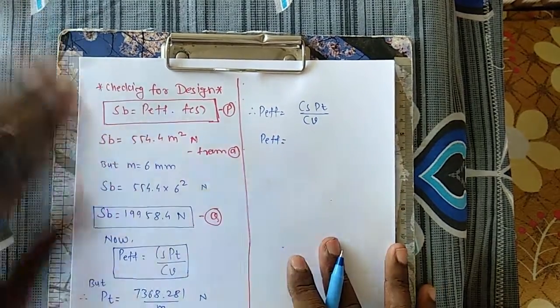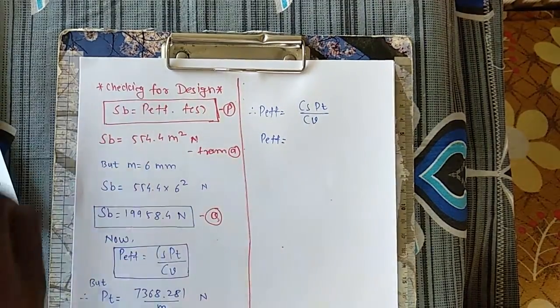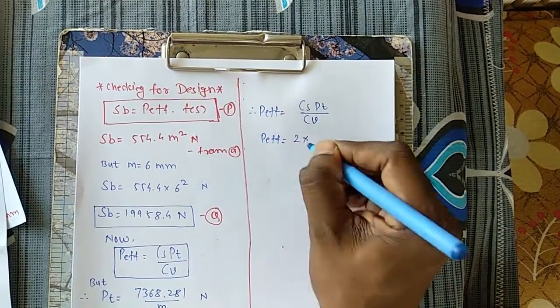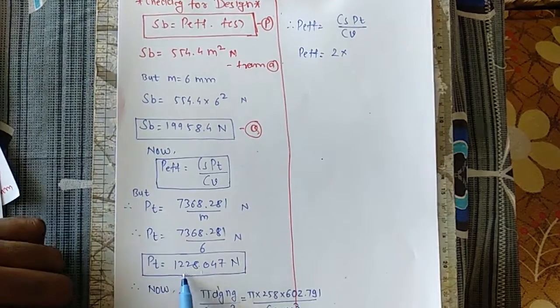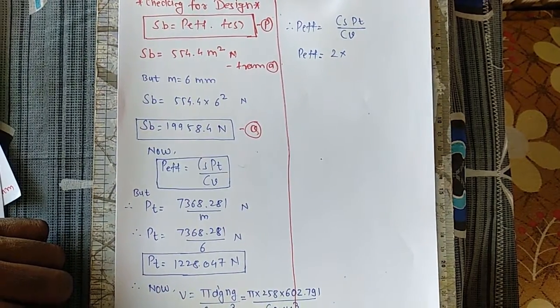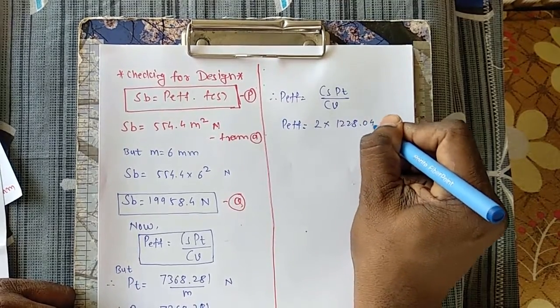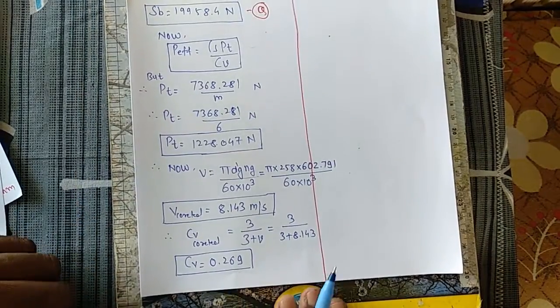Therefore P effective is equal to service factor, which is given as 2 in the problem, into PT. PT is what we have calculated as 1228.047, divided by CV. CV is equal to 0.269.